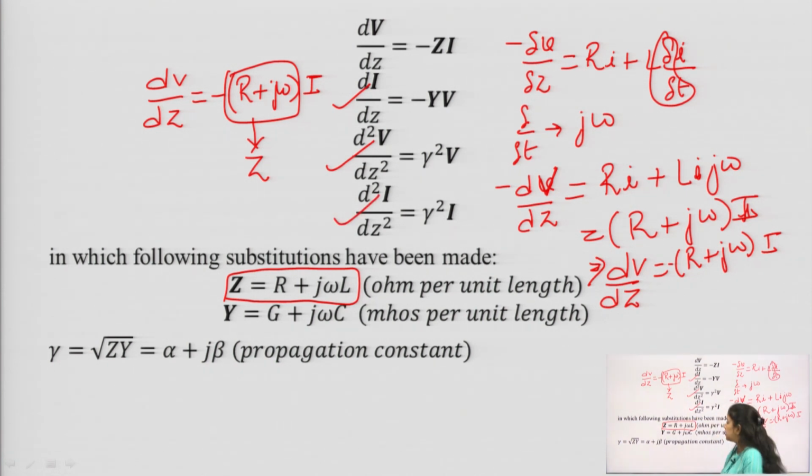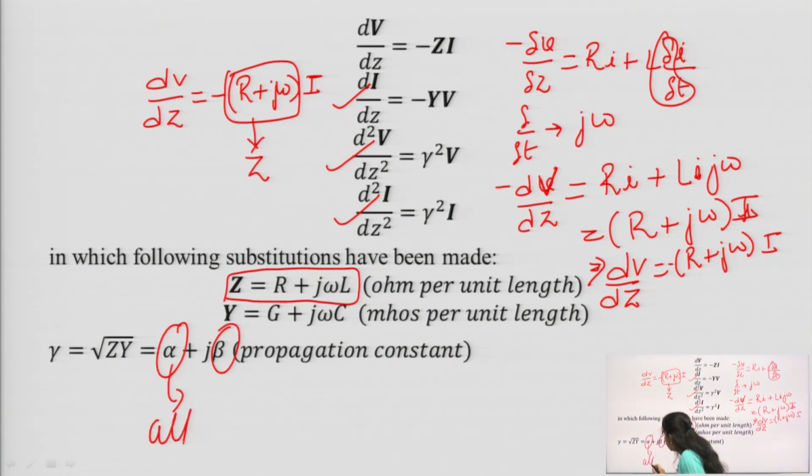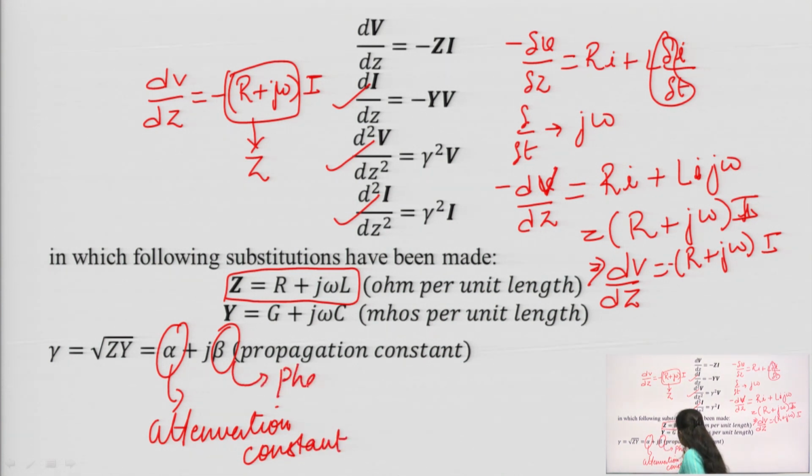And of course, gamma, which is our propagation constant, is equal to alpha plus j beta, where alpha is the attenuation constant and beta is the phase shift, and it is equal to the square root of (r plus j omega L)(g plus j omega C).